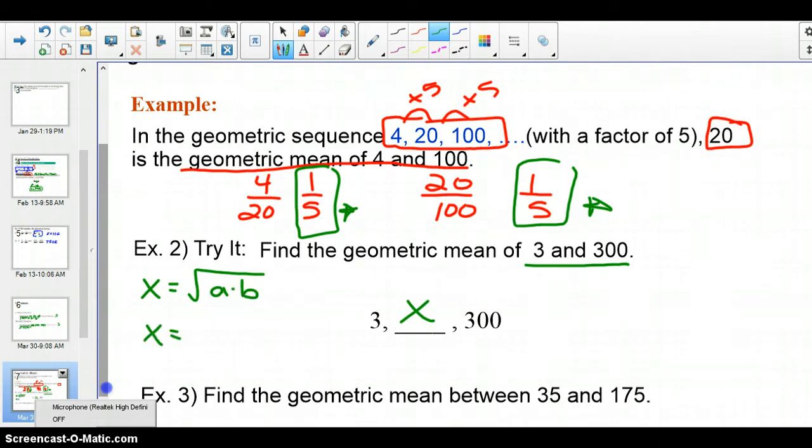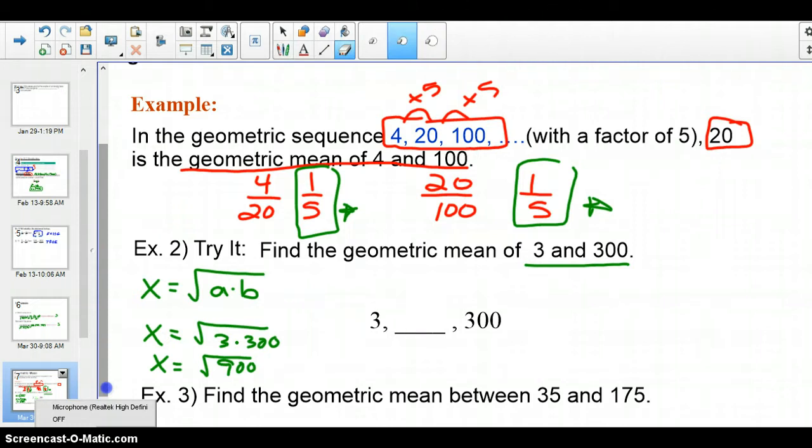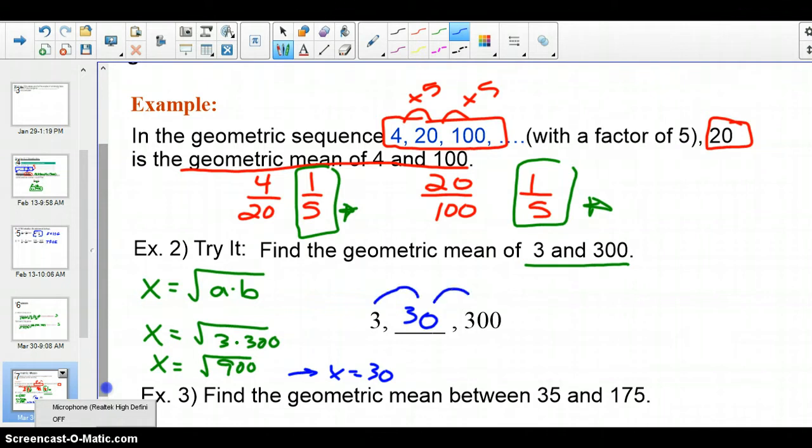So x is equal to the square root of 3 times 300, which means x is equal to radical 900, which means x is equal to 30. All right, so if you were to check and see, you would see that there's a common ratio between these 2 terms and these 2 terms.